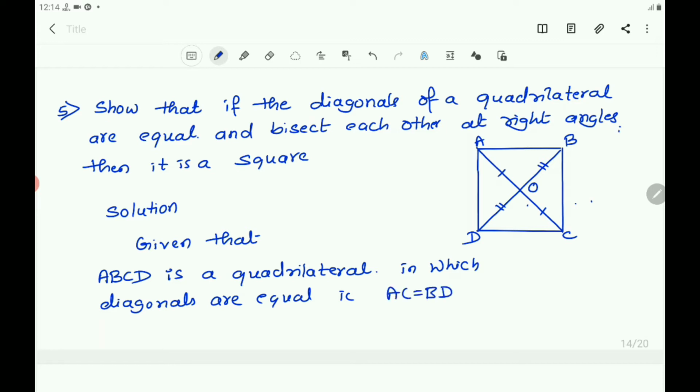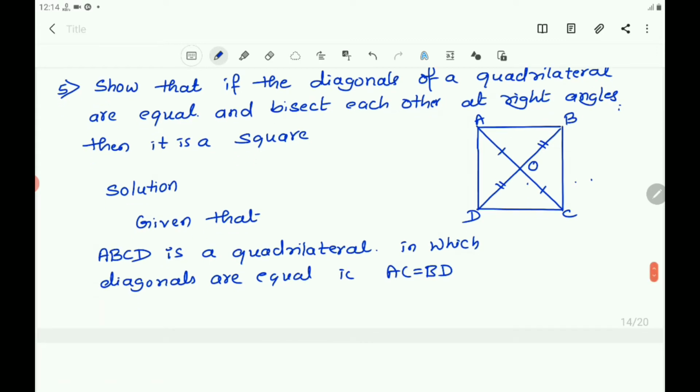AC equals BD, and second, diagonals bisect each other at right angles.